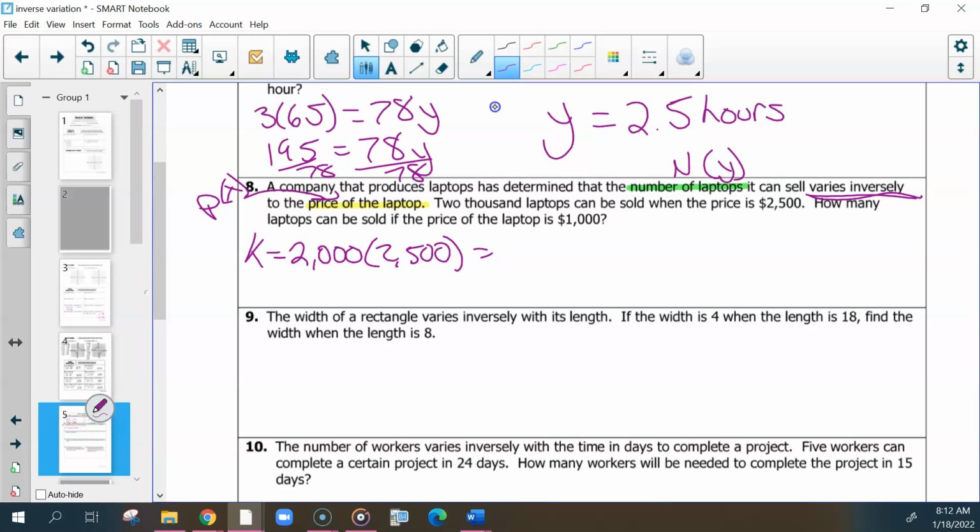What would that be? 5 million. 5 million. That's our k value. Putting this k value into an equation, we would have n equals 5 million over p.